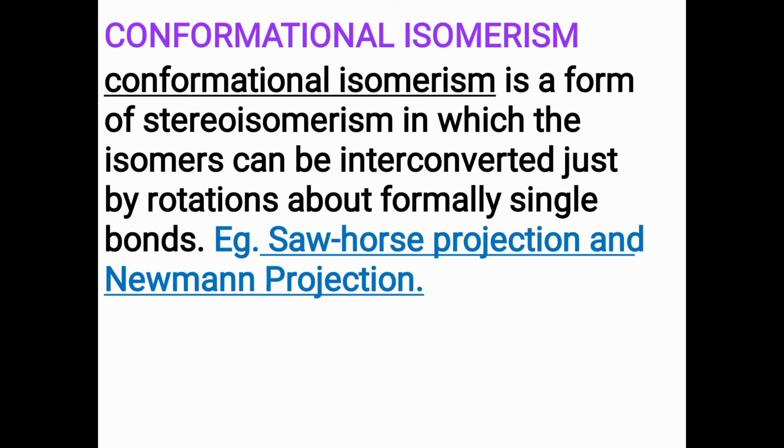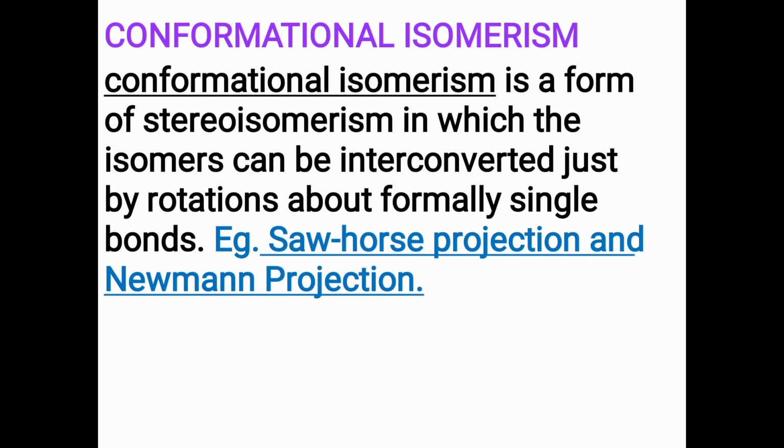Next, conformational isomer. This is the last isomer of this group. A conformational isomer is a form of stereoisomer in which the isomers are interconverted just by rotation. What is the meaning?